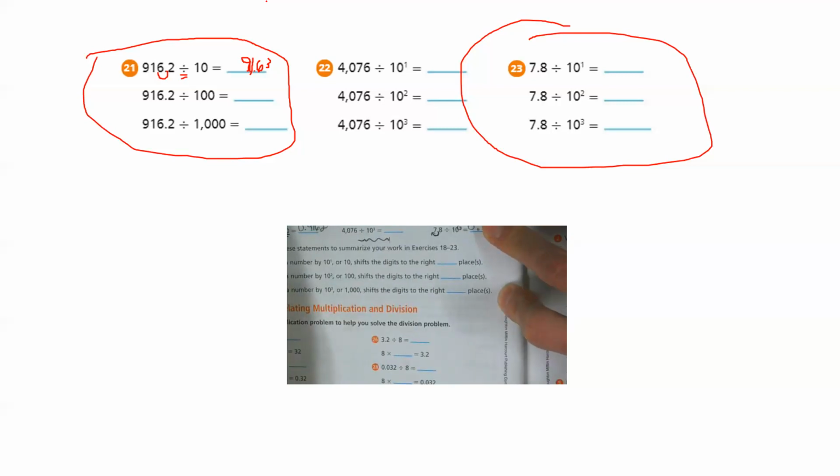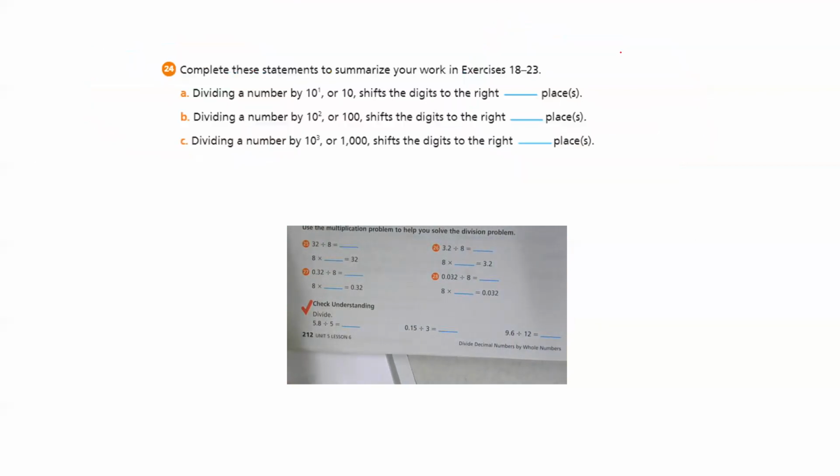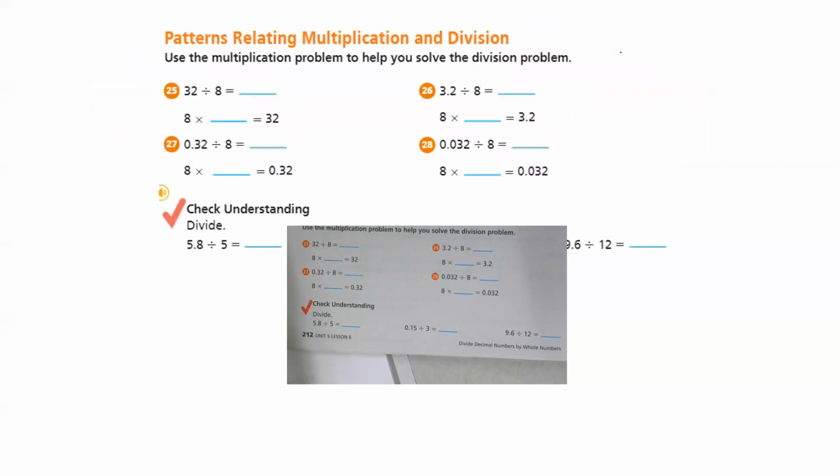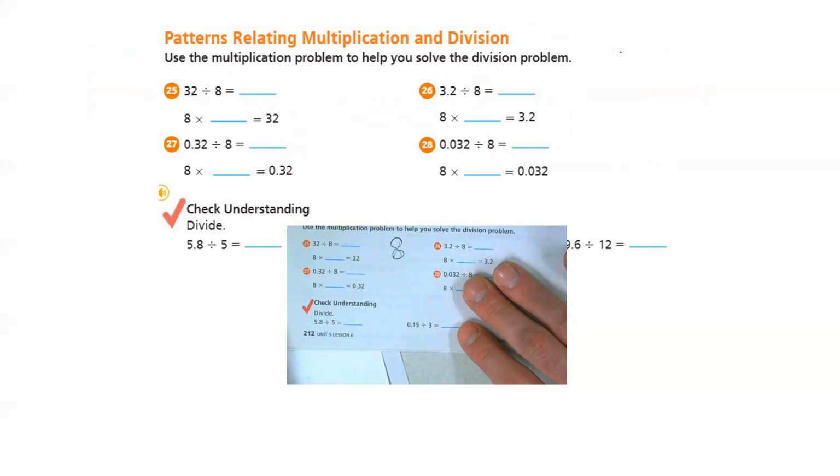24 we'll do together. Let's go to 25. 32 divided by 8 equals something. Well, how many 8s make 32? 8. That's 1. And remember, I have a lot of friends out there that are at the point where they really can't count by numbers, right?